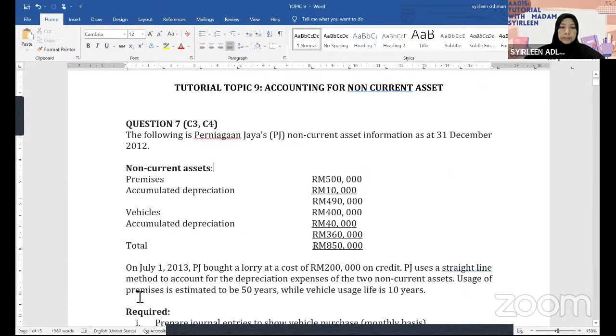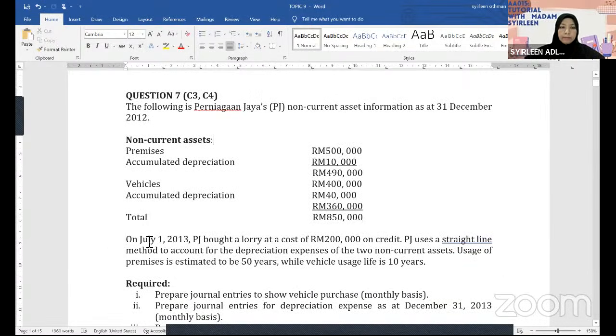Okay, so sekarang on July 1st, 2013, okay, so this is a new accounting period, that is the next year, that is on 2013, okay. PJ bought a lorry, okay, the cost of the lorry is 200,000, okay. So even though it is mentioned in the question lorry, tapi as stated in the question, you only have two types of non-current asset.